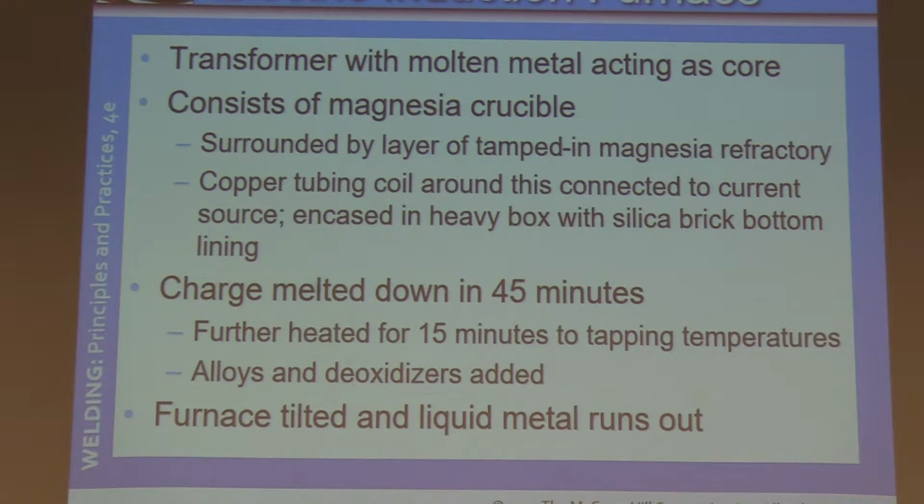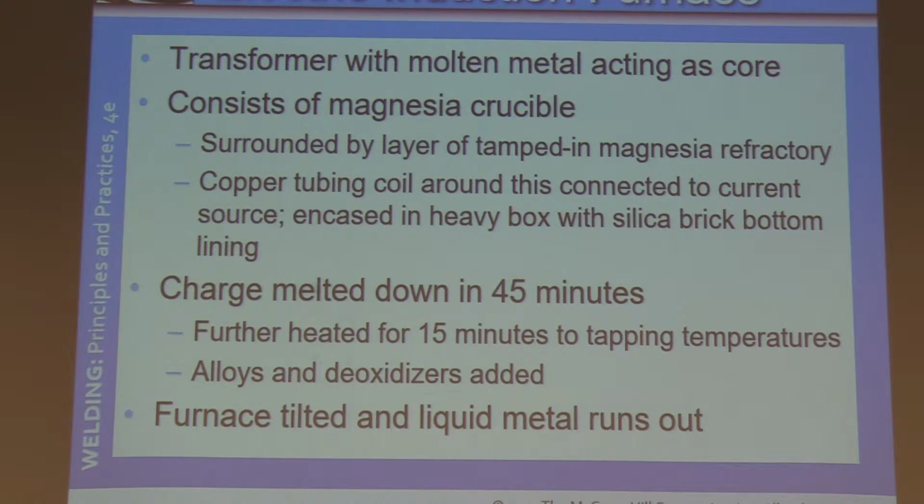The electric induction furnace, figure 3-15, you can flip it, it's on the next page, okay, is essentially a transformer with a molten metal acting as the core. It consists of a crucible, usually made of magnesia, surrounded by a layer of tamped-in magnesia refractory. Around this is a coil made of copper tubing, forming the primary winding that is connected to the current source.